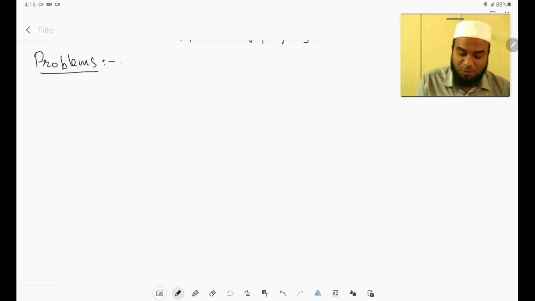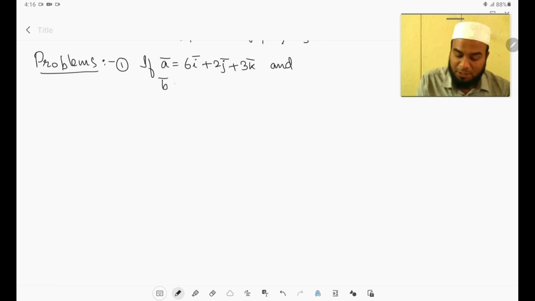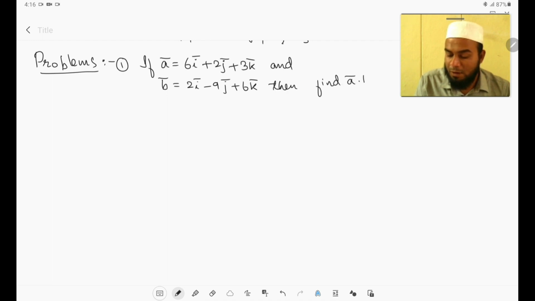Right? So the first problem is, if a bar equals 6 i bar plus 2 j bar plus 3 k bar, and one more vector is given, b bar equals 2 i bar minus 9 j bar plus 6 k bar, then find a bar dot b bar and the angle between a bar and b bar.